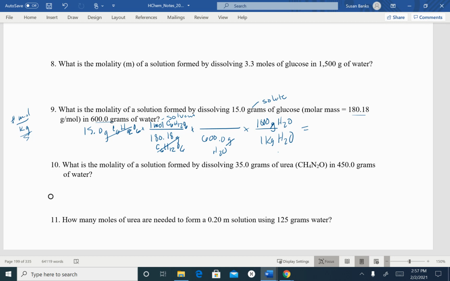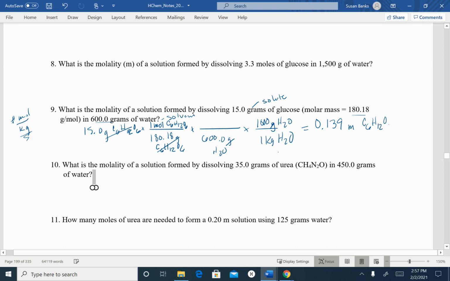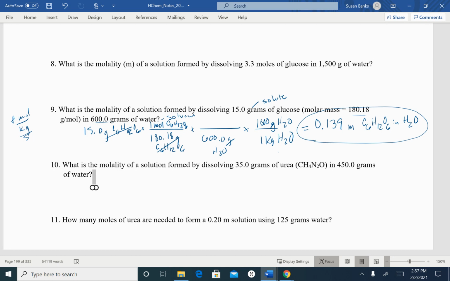So the molality, then, let's see, we got 3 sig figs. This will come out to 0.139 with our sig figs. Lowercase m, molal glucose, C6H12O6 in water. Okay, so there you go.